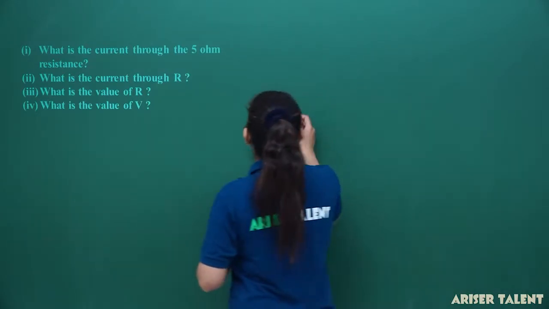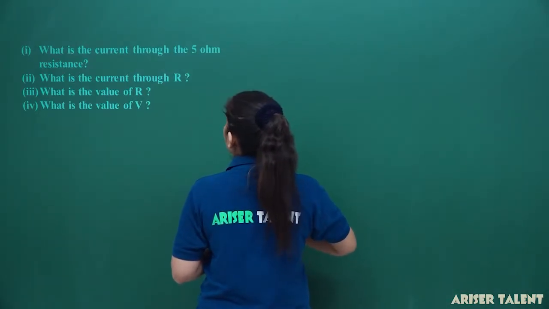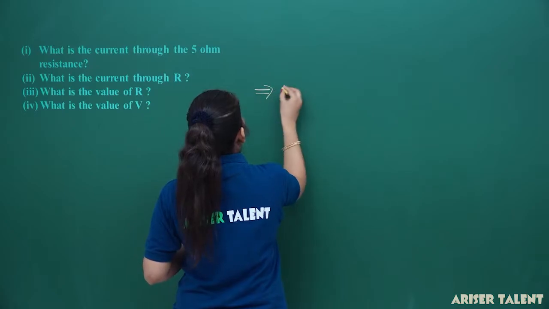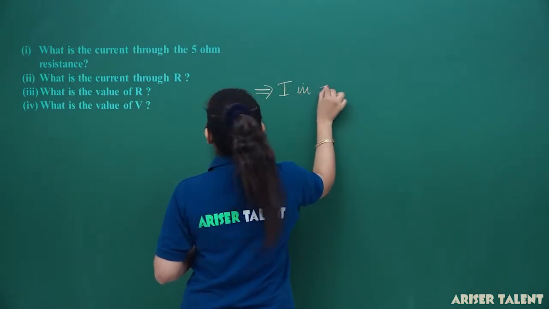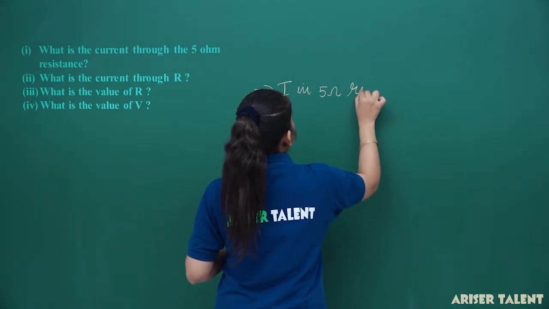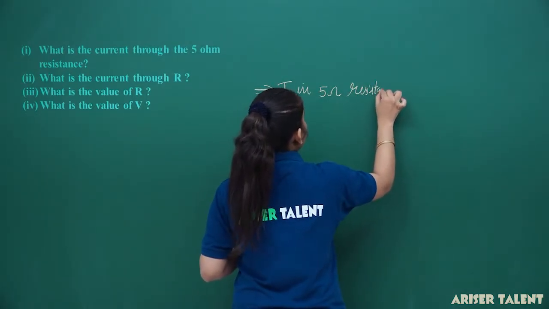So, firstly, I am writing here what I have to find. We have to find the current in the 5 ohm resistance. This is the first question we have to find out.